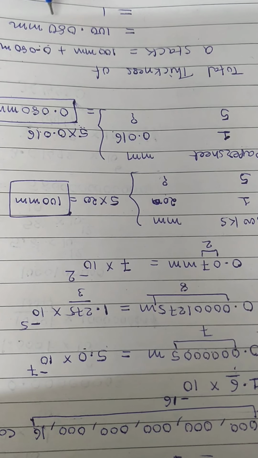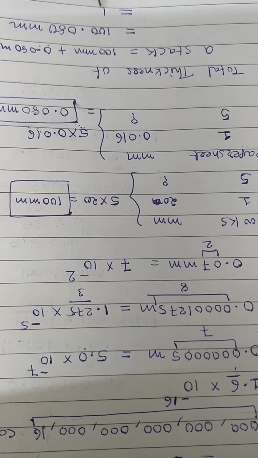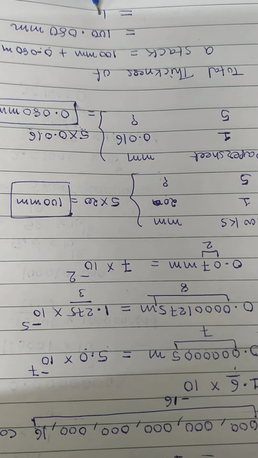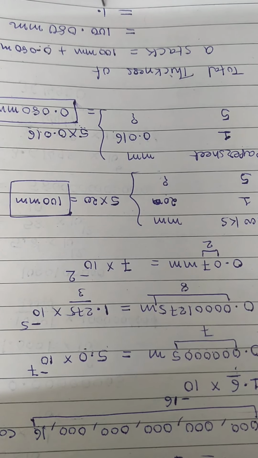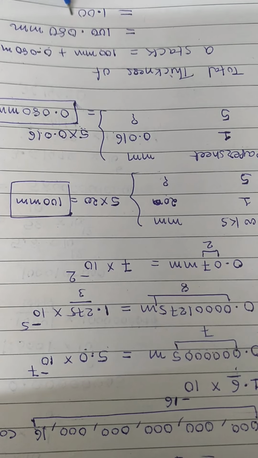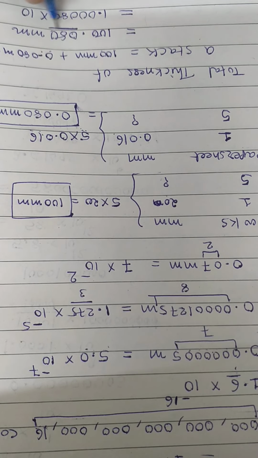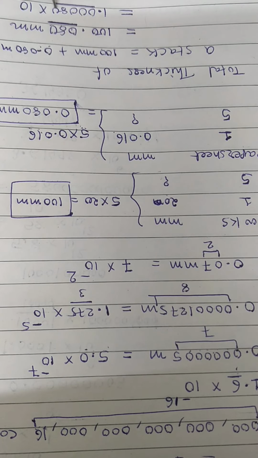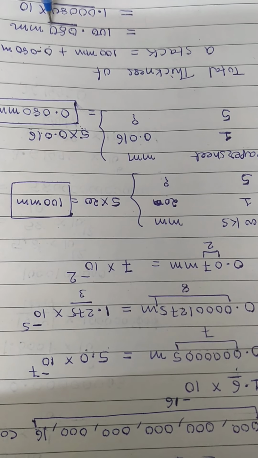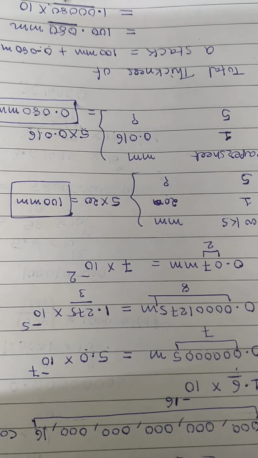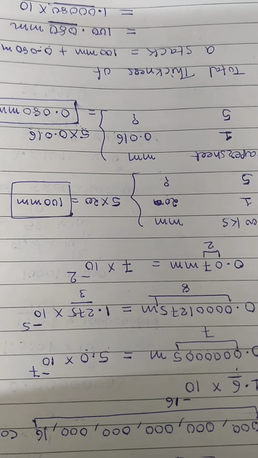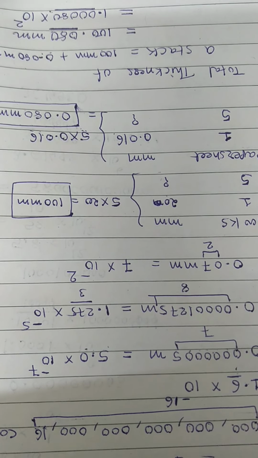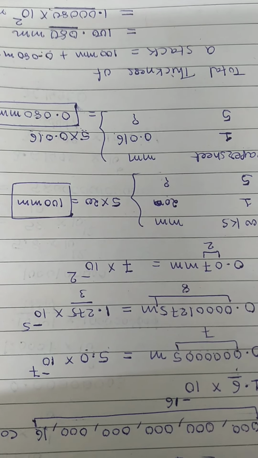So to write this in standard form, after 1 we should write a decimal point: 1.00080. In this there are 3 digits after the decimal point originally, but now there are 1 2 3 4 5 digits, here 3 and here it is 5. That means from 3 to 5, 2 digits increased, that means 10 raised to the power 2 millimeter.